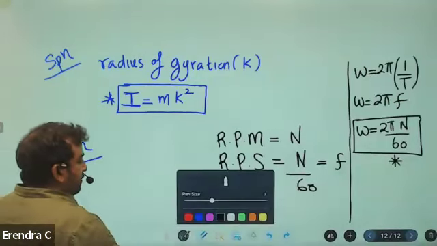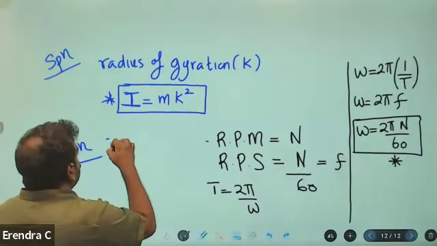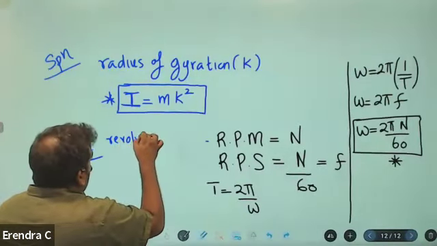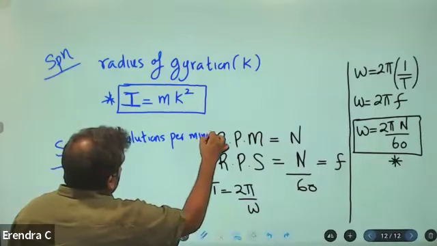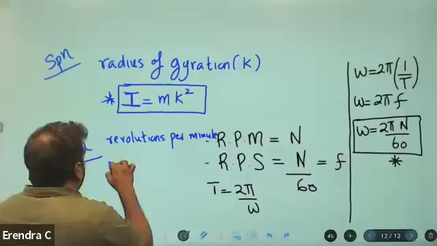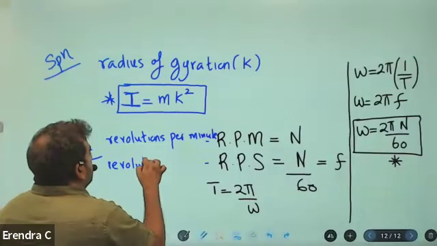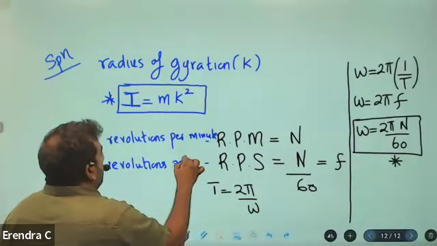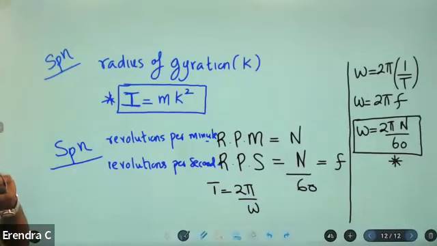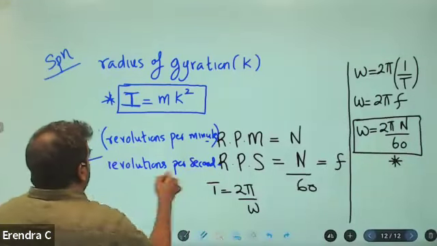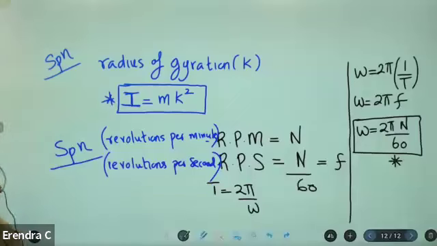This is revolutions per minute. This one, revolutions per second. RPM, RPS.